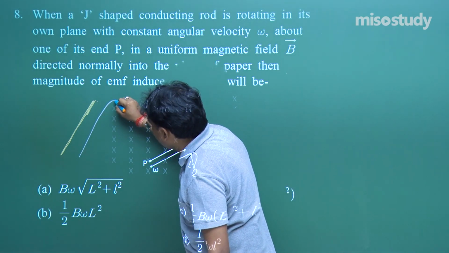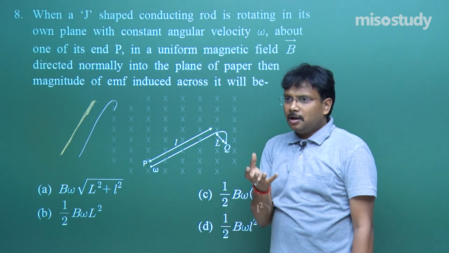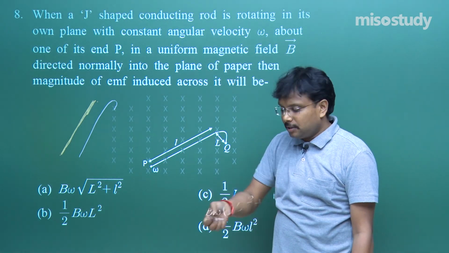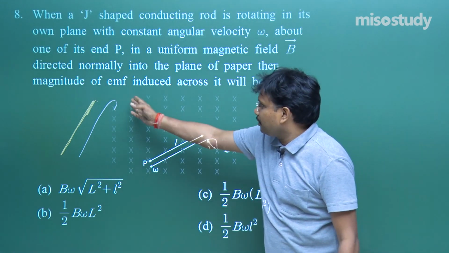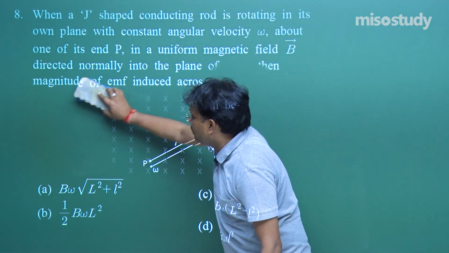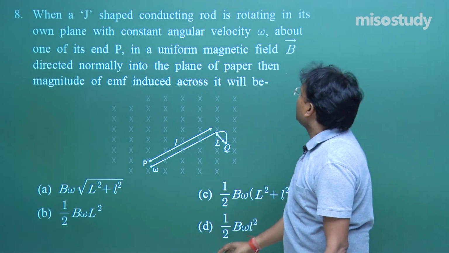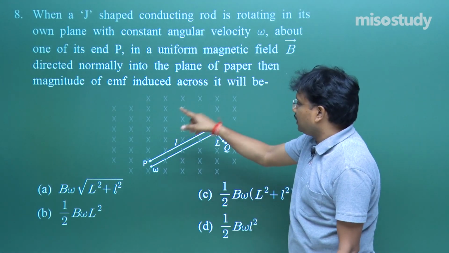J-shaped means the rod is like this. I am sure you must have noticed this type of wooden stick with old people, they use it to support their movement. So, something like this. A J-shaped conducting rod is rotating in its own plane. This is the situation, rotating like this.